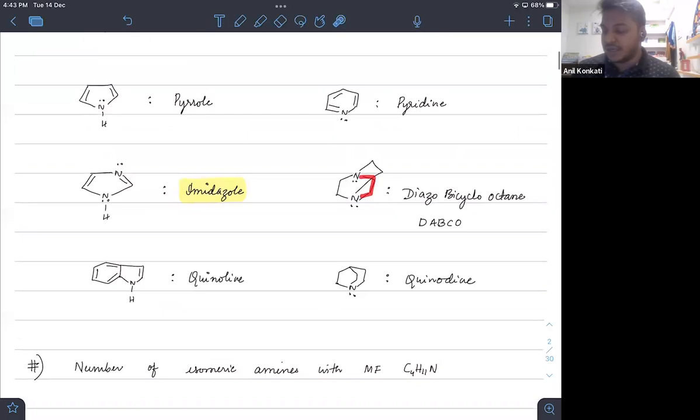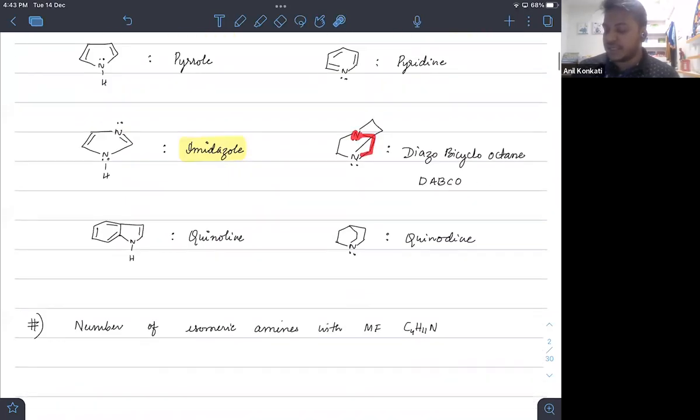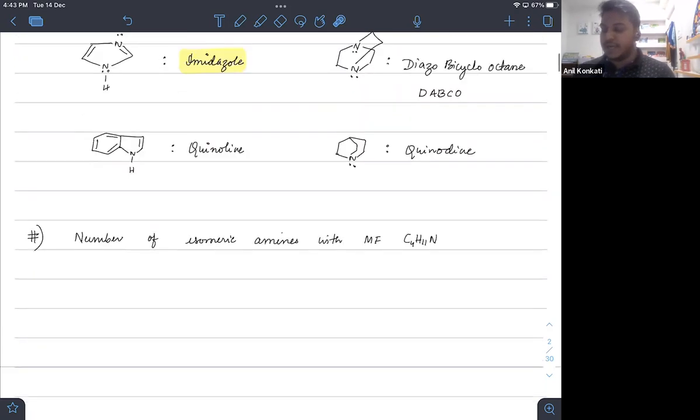Like how we have piperidine, if on 2 sides there are nitrogens and there is one cyclic form here, then that is diazabicyclooctane, and industrially it is known as DABCO.